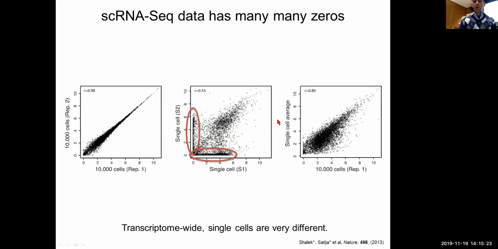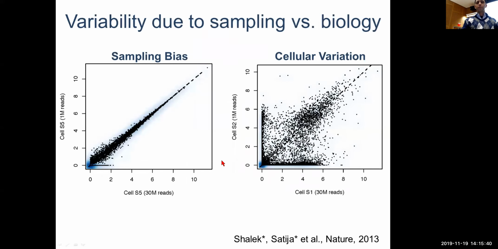Or you could take every individual single cell and ask, how does that correlate with the 10,000 cells? And what you see is that that correlation is in fact much higher, which suggests that it's not just noise in the single cell, it's actually biological variability.